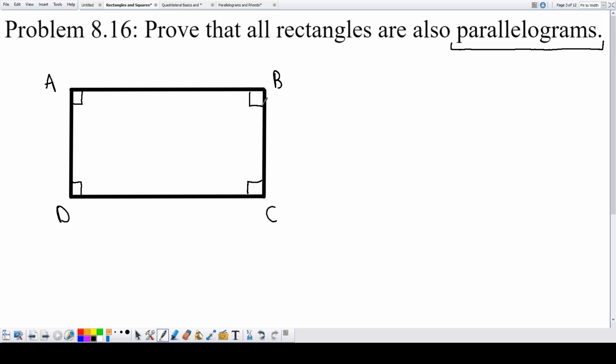So we don't even need the fact that these are right angles to prove our point, since we could have proven this before the last proof.